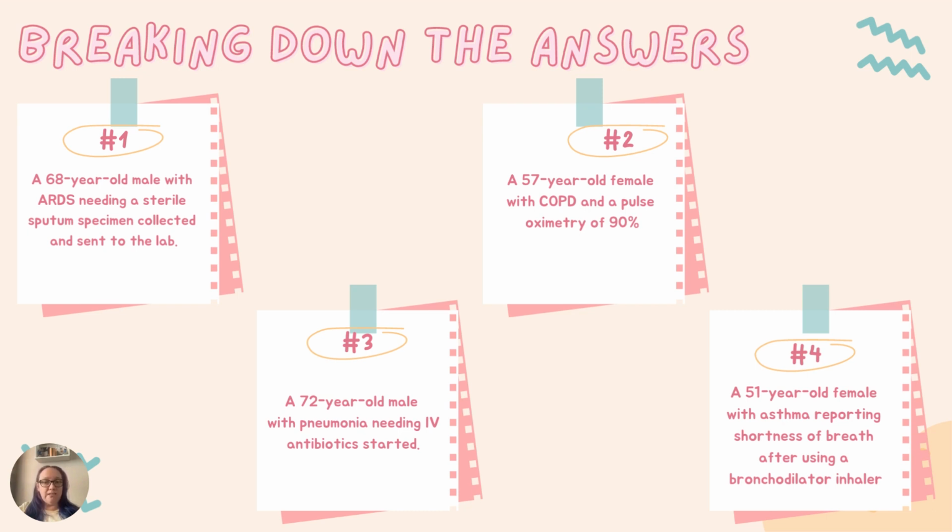So a patient with asthma, which is a chronic condition, but it is in an acute phase of her chronic condition. She is having shortness of breath even after using her bronchodilator. Therefore, that is the patient that we need to see first. We probably need to get them a breathing treatment, respiratory therapy on board, that kind of thing. So, number 4, that is the patient that we would see first in this situation.